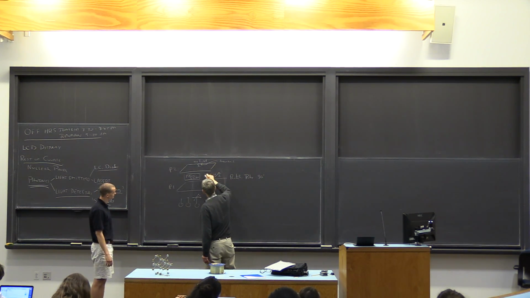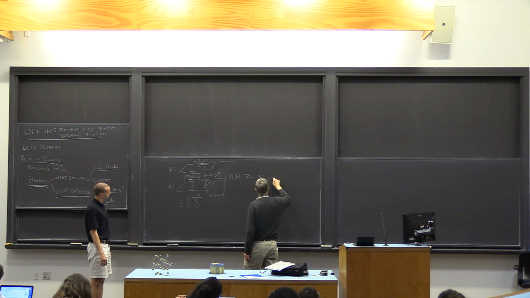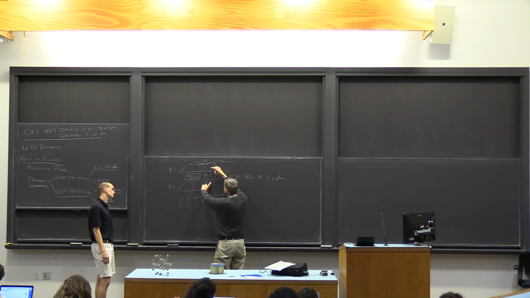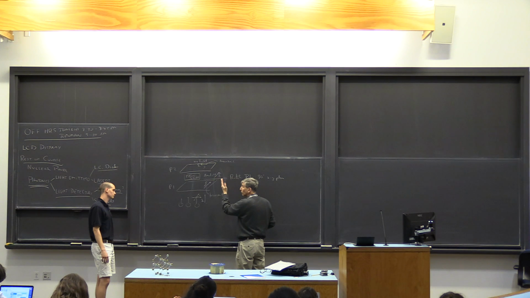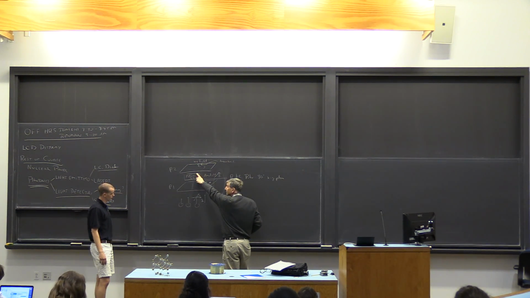Let's call this the XY planes. So this is the Z direction here, light's coming up, that's X, that's Y. And any light in the XY plane has its polarization rotated 90 degrees as it goes from here to here. Okay?